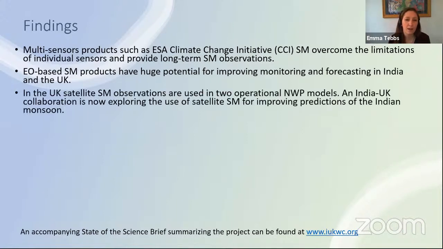So in the UK, soil moisture is already incorporated into two operational numerical weather prediction models. And there's currently an ongoing India-UK collaboration that's exploring the use of satellite soil moisture for improving predictions of the monsoon.